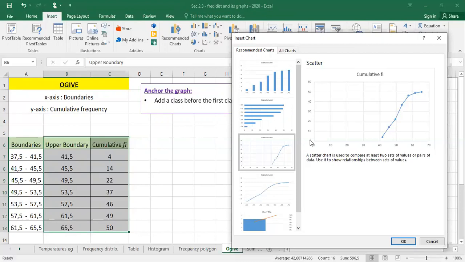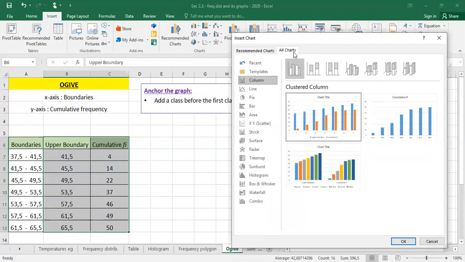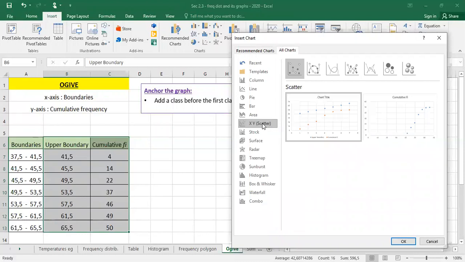Officially, in Stat 130, we're going to go up to all charts. You can use the recommended charts and pick scatter plot. However, you can go to all charts, go down the left and choose X, Y scatter. Then specifically, go up on the top, it's giving you some options. Use the scatter with smooth lines.